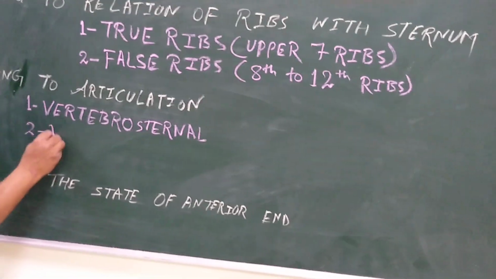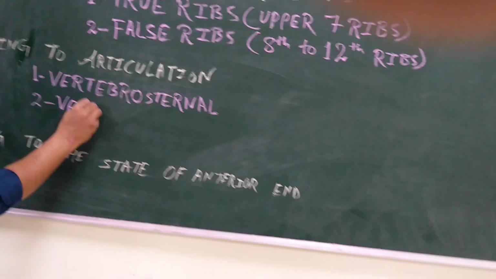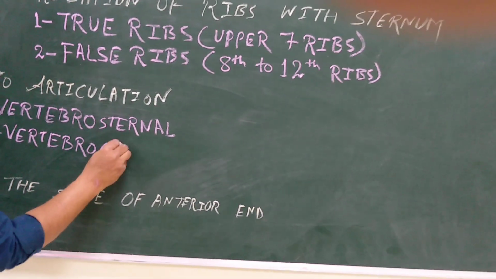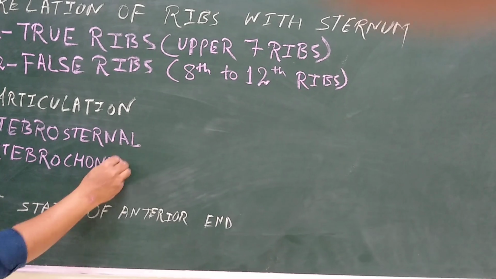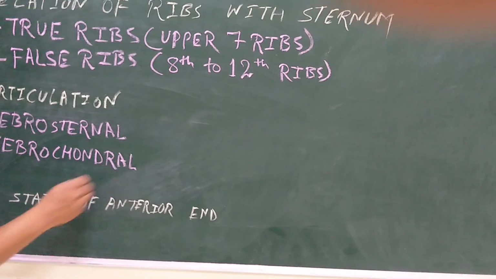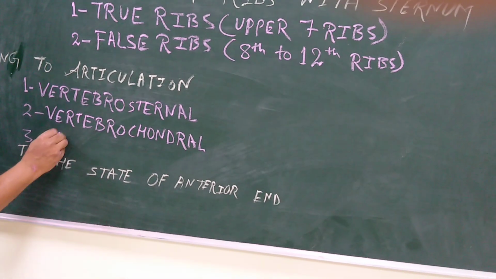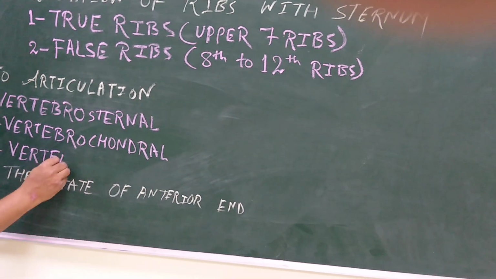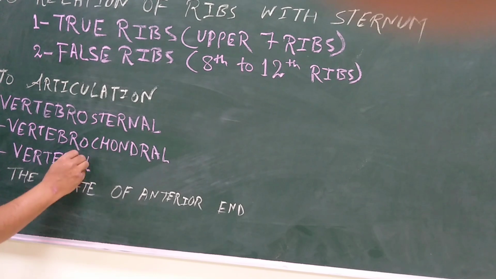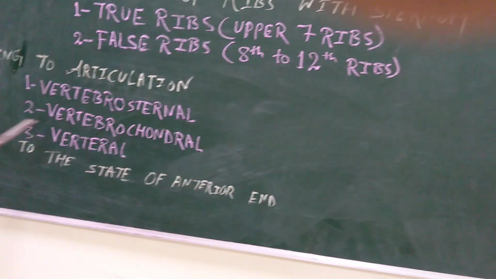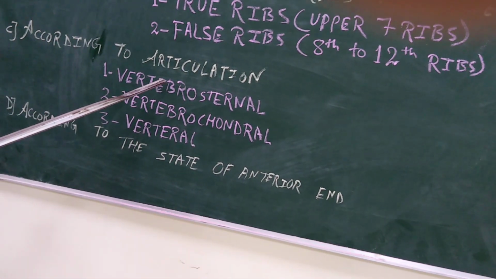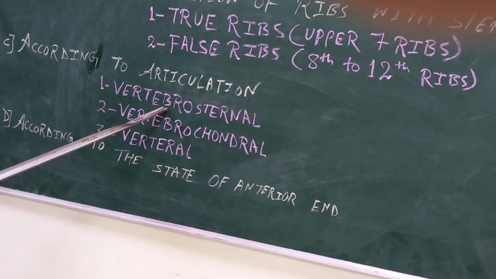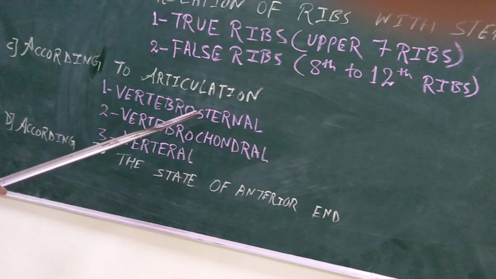Second one is the vertebrochondral, and third one is the vertebral. The vertebrosternal are those ribs which are connected posteriorly with the vertebra and anteriorly with the sternum.